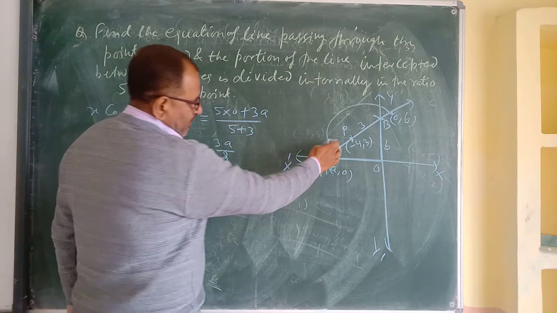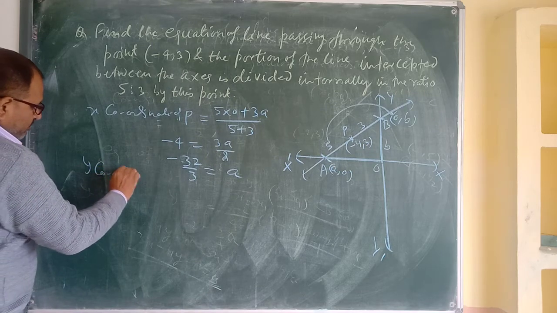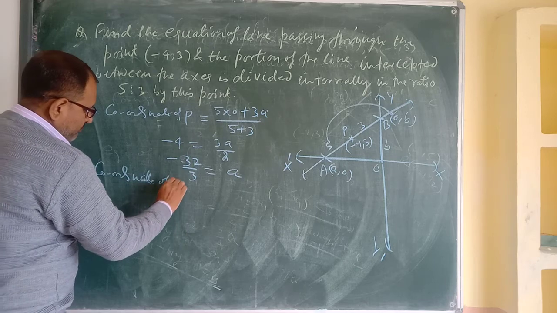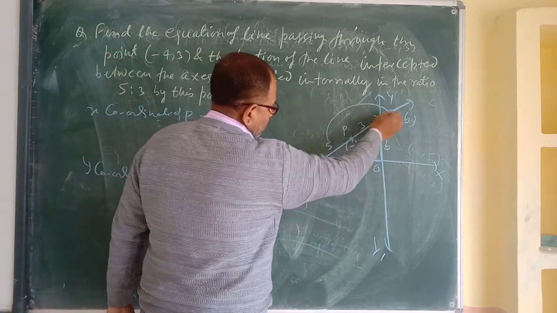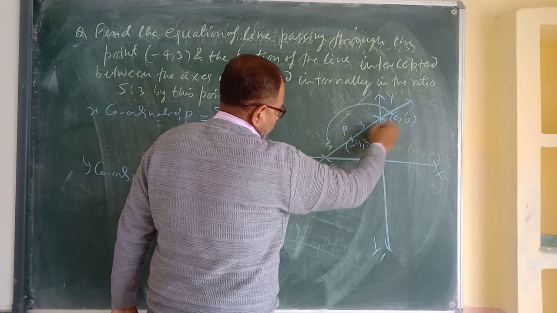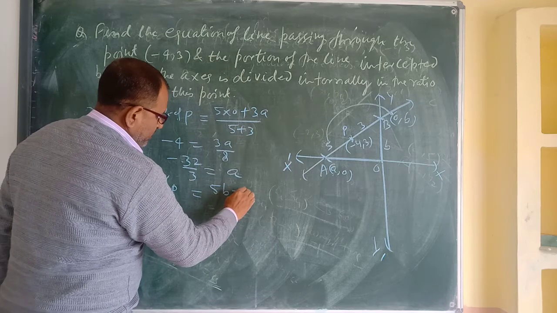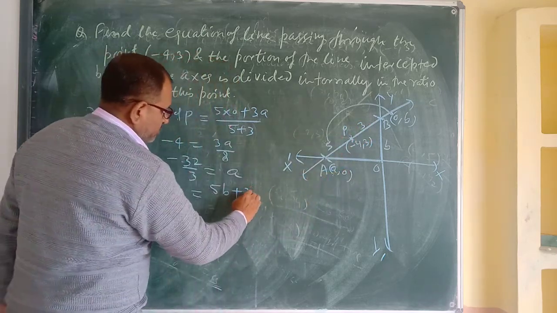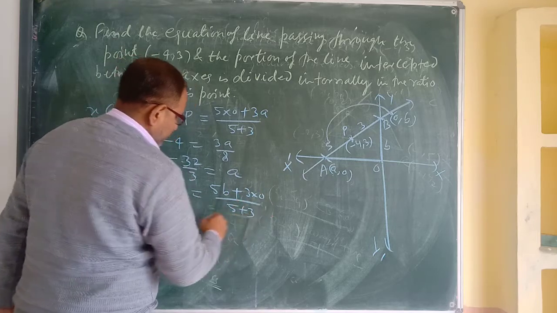Similarly, we can write the y coordinate of P. M1 into y2, so 5 into b, plus m2 into y1, 3 into 0, upon 5 plus 3.